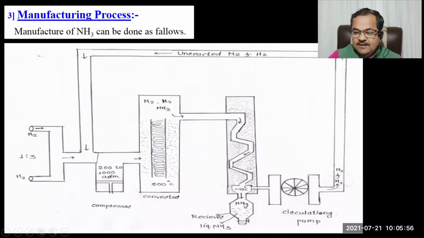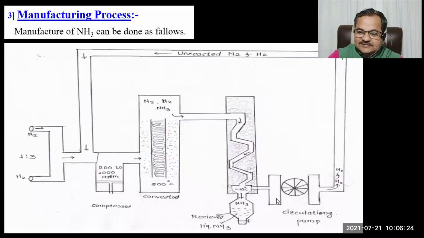So the liquid NH3 is received into the receiver. It is separated from those reactants. Then here there is a circulating pump. Whatever N2 and H2 remain unreacted are passed into this circulating pump.